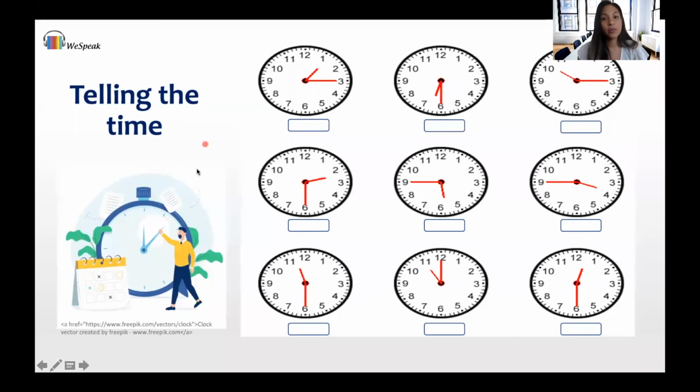Okay, let's see if you remember how to tell the time in English. What time is it? I'll give you 3 seconds to think about the answer before I show you the correct answer. What time is it? It's 1:15. What time is it?